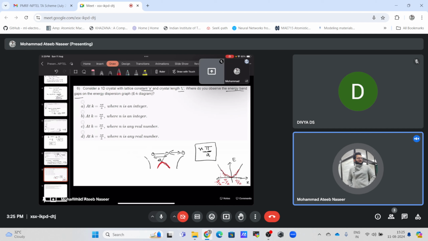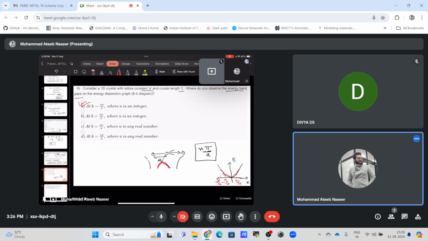So from this, what we can deduce is that option A among these is the correct option. The gaps arose at integer multiples of this pi by a. So that was one of the conclusions from the Kronig-Penney model when we derived it.